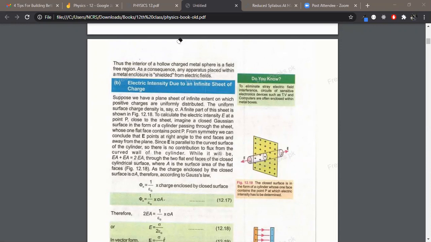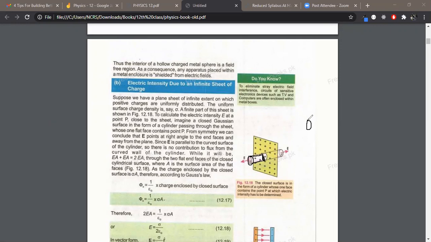Okay, so this cylinder has got four sides. Let me draw it very clearly.